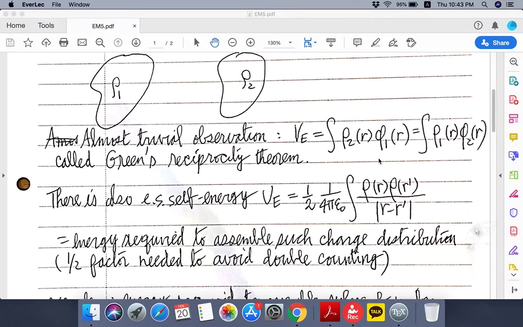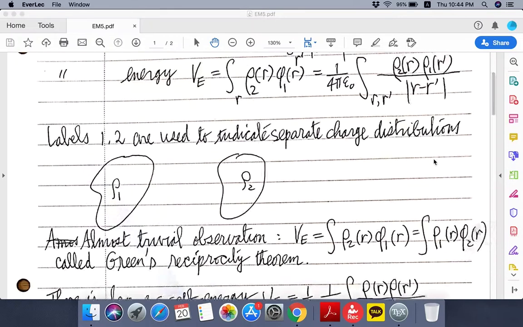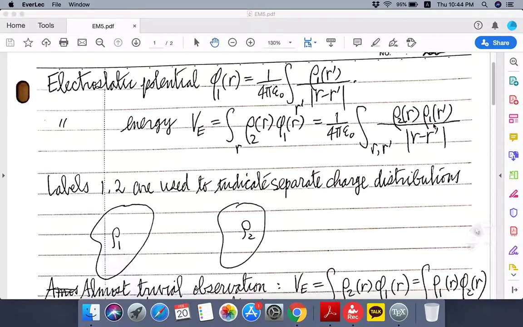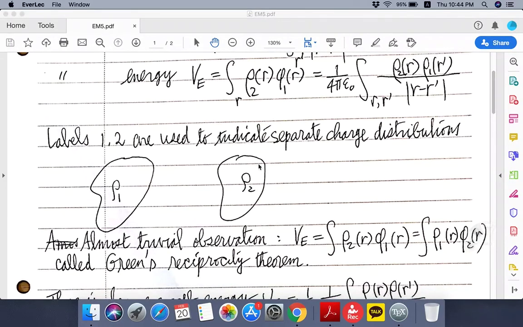Now, there's also a self-energy version of the electrostatic energy, which comes from having the same charge distribution function for both rho 1 and rho 2. So here the assumption was that rho 1 was for one kind of object and rho 2 was for a different object which is separate from the first one, like this.